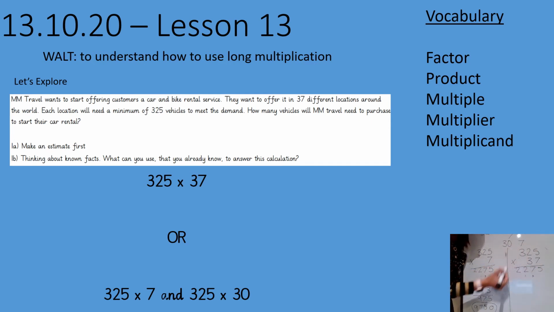So this time I stick with the same. Now I know that that 3 is a 30. One way of remembering that is by putting a 0 in that ones column. That tells me that I'm multiplying this number by 30 and not by 3. And now I can look at each of my columns. So 3 multiplied by 5 is 15.